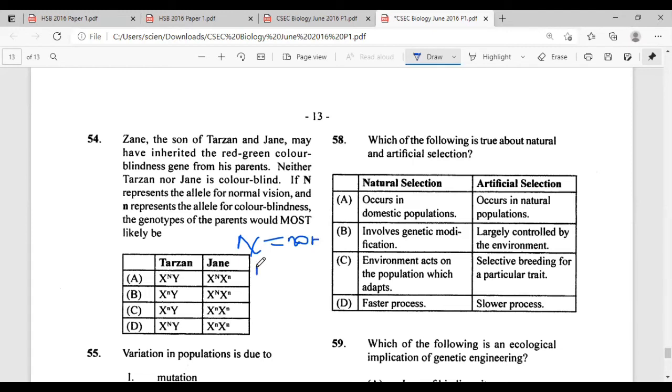And then little n equals, I'm going to write COL for color blindness. All right, let us look at the options that we have. Because it would be on the sex allele, we already know that males have X and Y, right? And then females would have 2X.